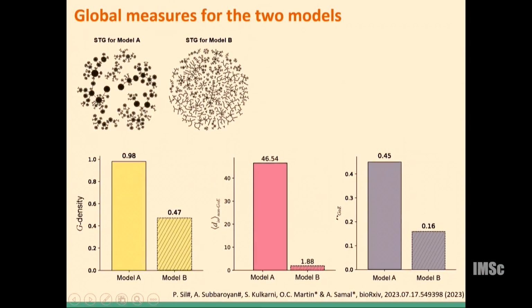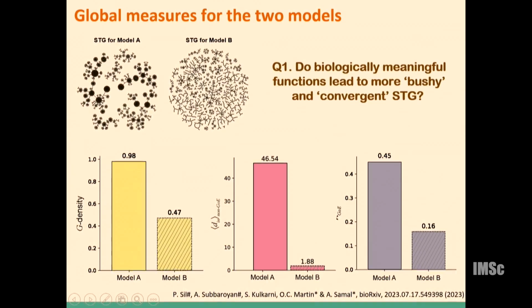You can clearly see that for all these 3 quantities, model A shows a higher value compared to model B. Here I would like to mention that the functions we chose for model A and model B were not random. For model A, the functions were from a specific class of functions, nested canalizing functions, which are known to be biologically meaningful functions. I will tell more in the next slide.